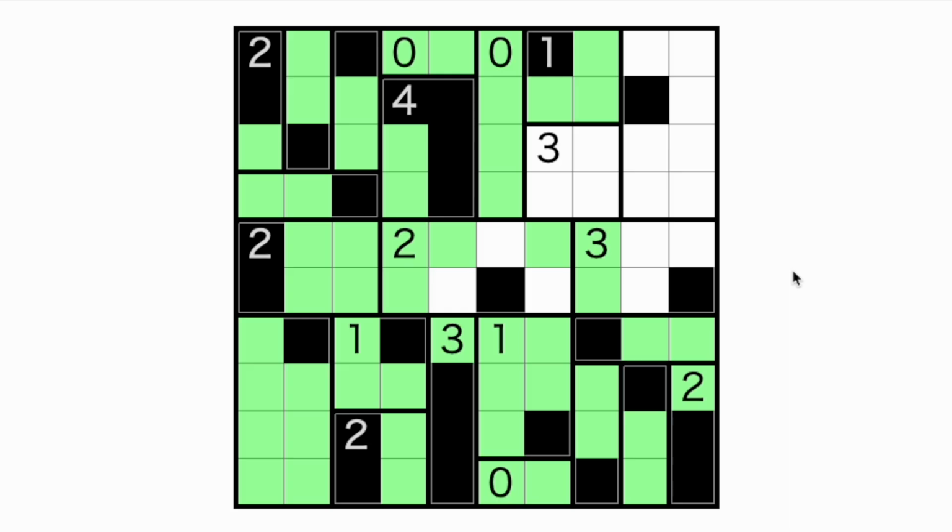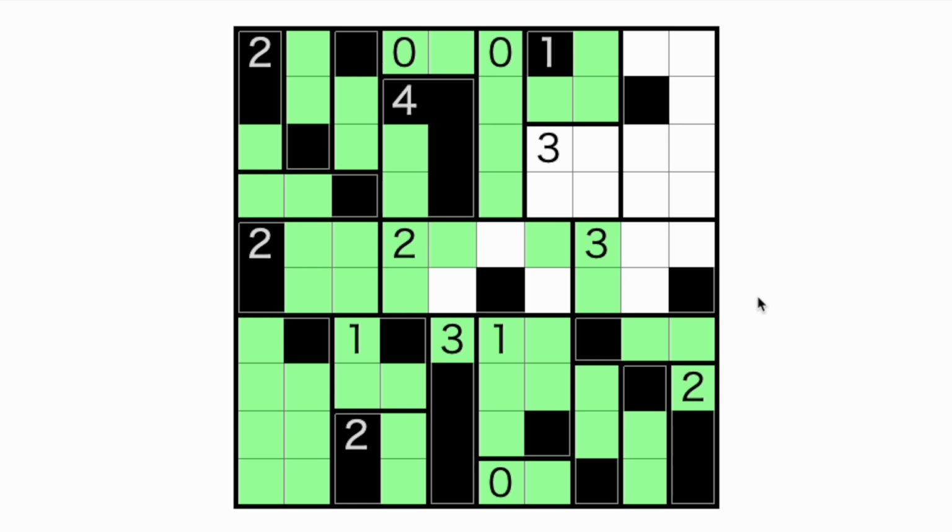I think I'm realizing that unshaded regions in this type of puzzle, unclued regions in this type of puzzle, must always have exactly 1 shaded cell because of uniqueness.